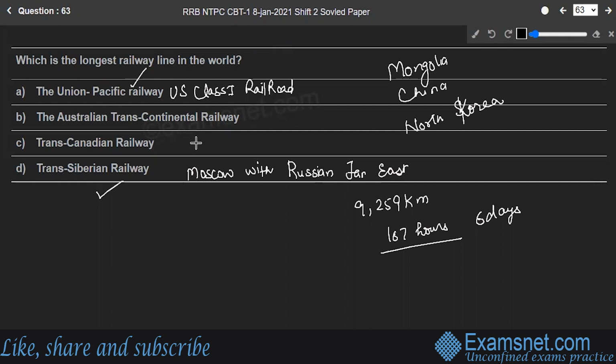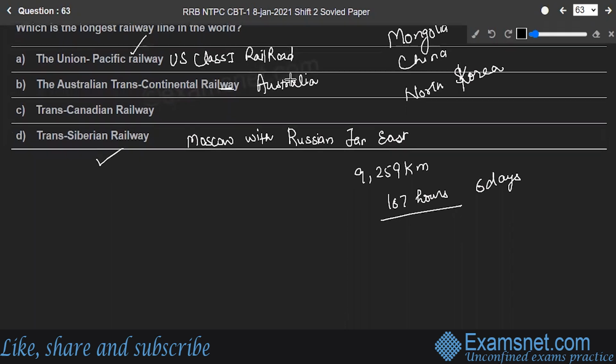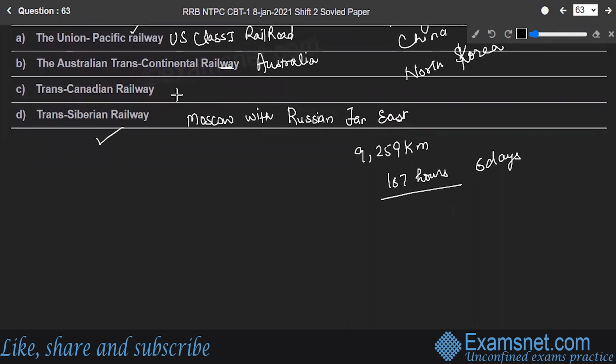The Australian Transcontinental Railway, this is the longest route of Australia, connecting Sydney in the east to Perth in the west. Trans-Canadian Railway. This railway is the longest transcontinental railway of North America.